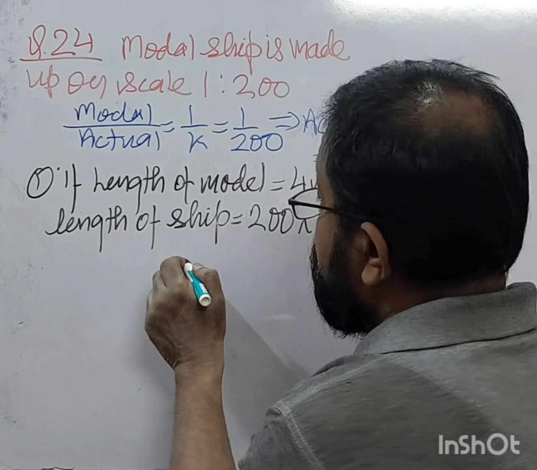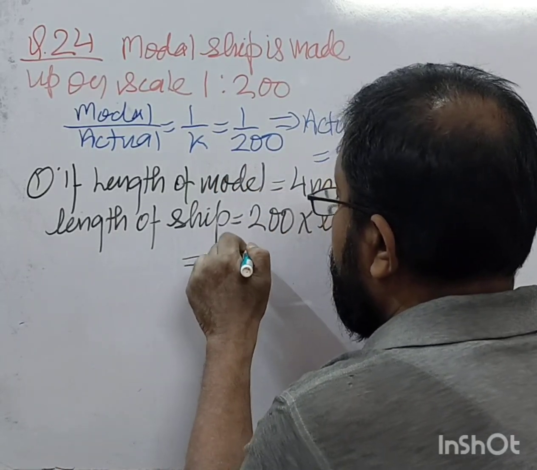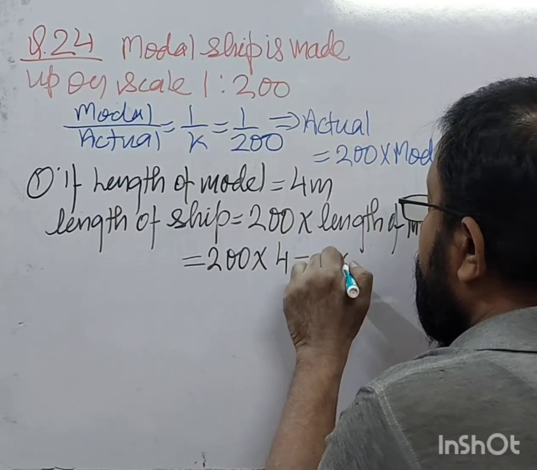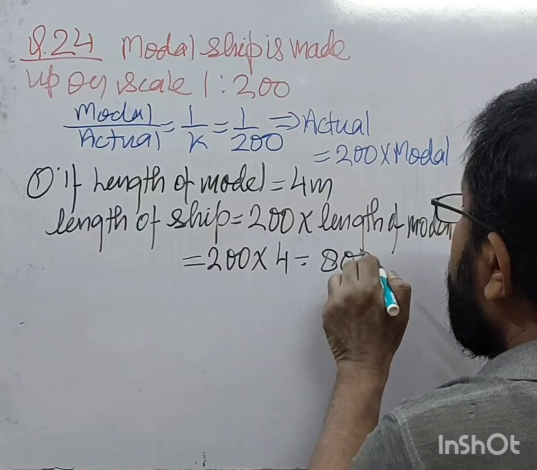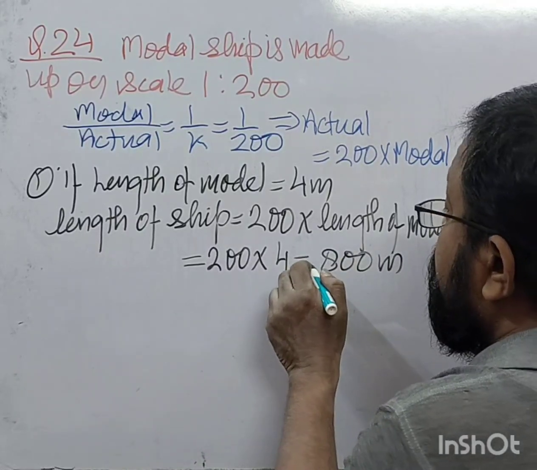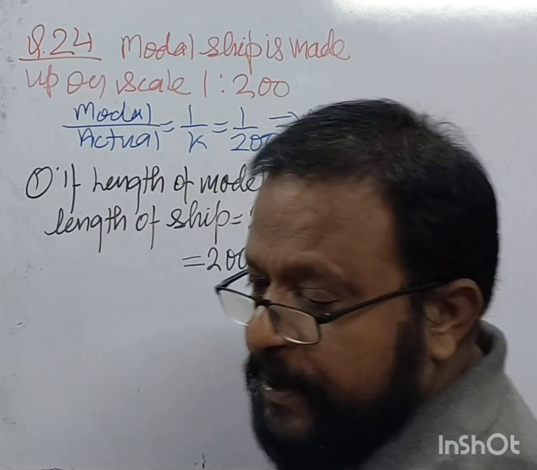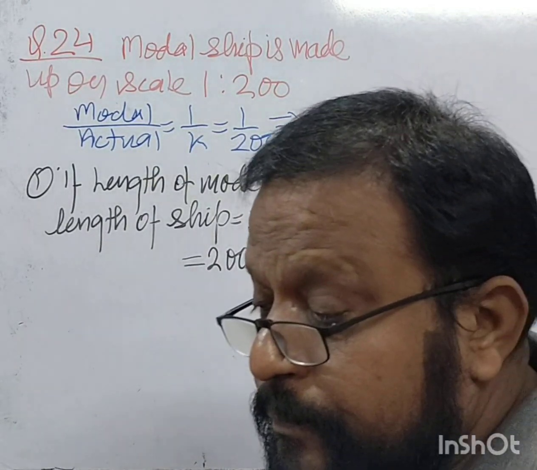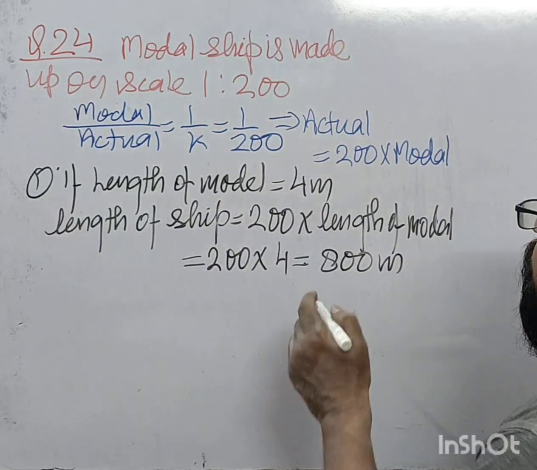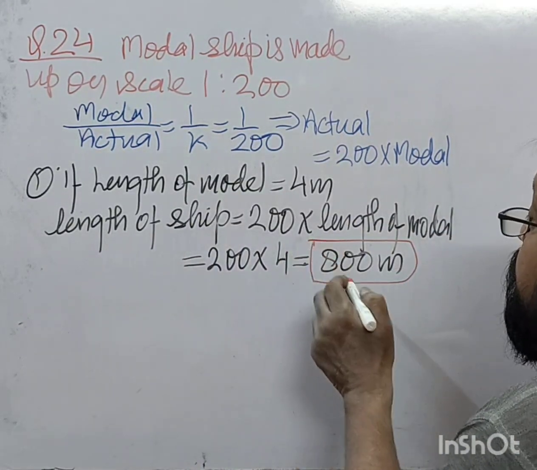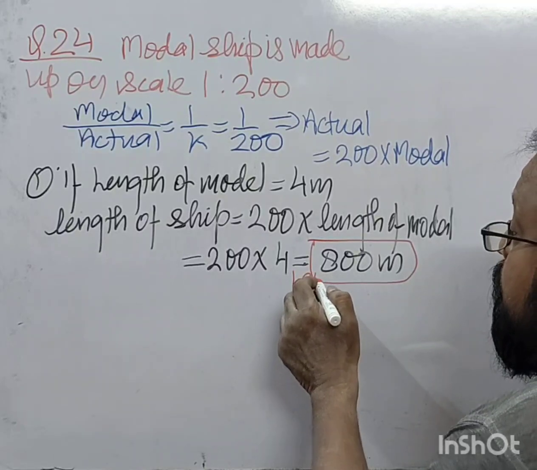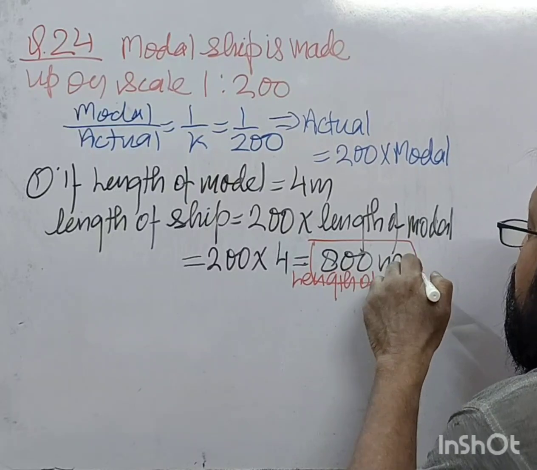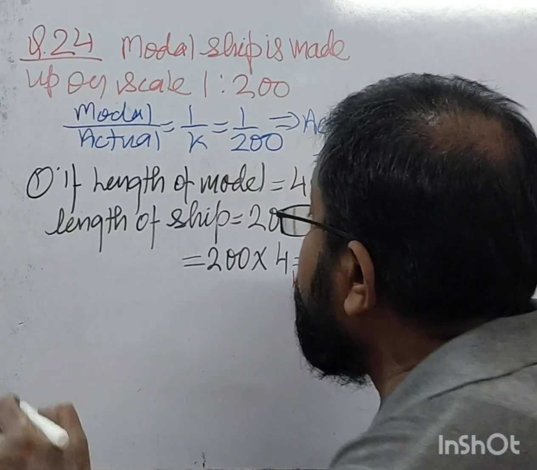So it becomes 200 into 4, times 2 becomes 800 meter. Sorry, 800. Yeah, it is 800 meter. What is your answer? Length of the ship is 800 meter. This was part 1.